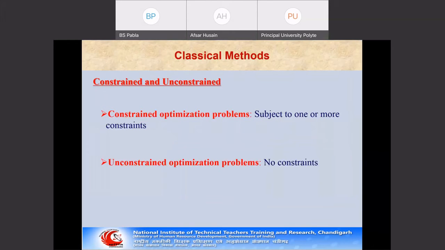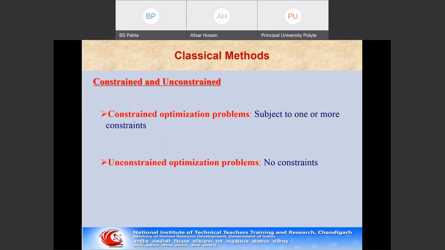Now let's see how optimization is classified. Because there are many methods, many approaches to optimization. We can say constrained and unconstrained optimization problems. Constrained optimization problems are subject to one or more constraints. In an unconstrained optimization problem, there are no constraints. These are open. But we will normally have constrained optimization problems.